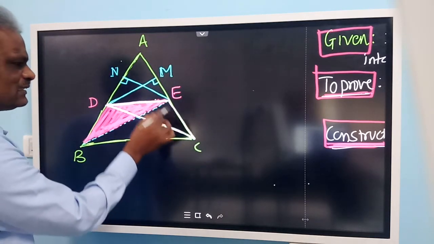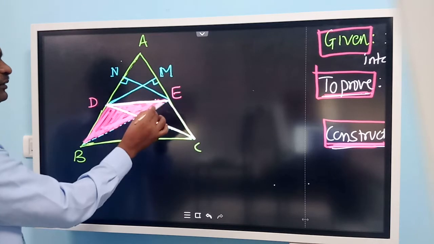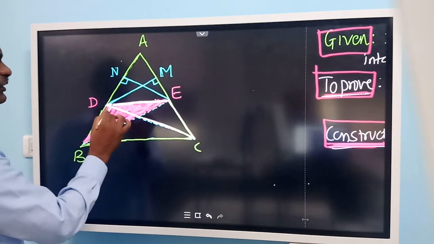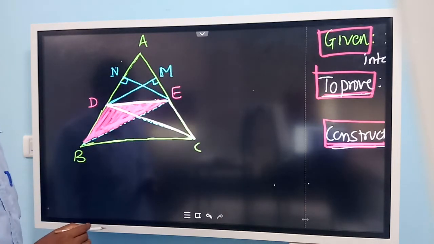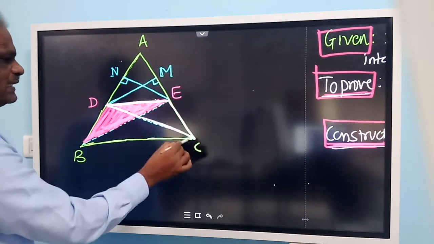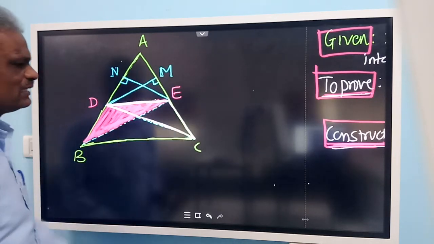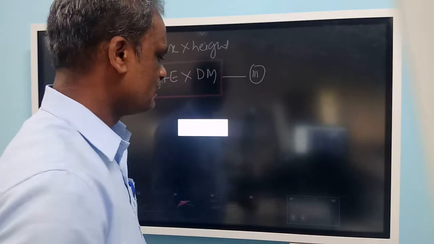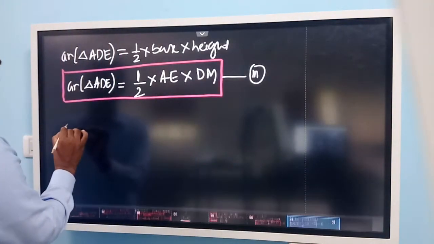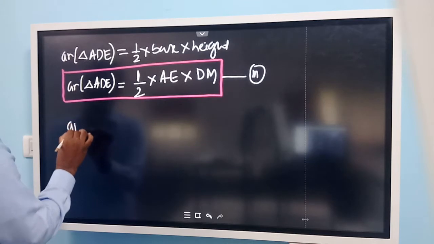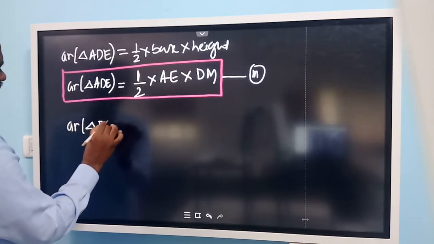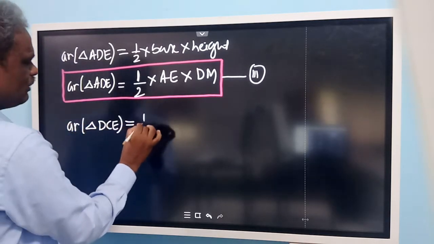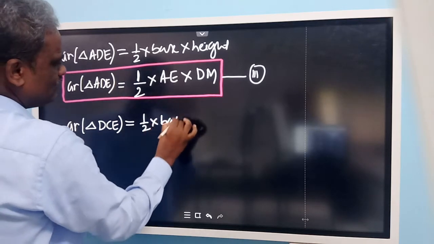I take this as CE, and the altitude corresponding to this triangle will be DM. DM will be the altitude. CE is the base. So let us write area of triangle DCE. Again use the formula half into base into height.